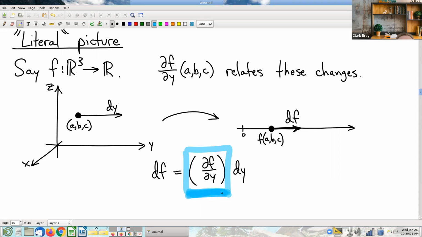The specific scenario is that X and Z are constants, and Y is changing. That's what this notation encodes: not just that Y is changing and F is changing, but also that X and Z are constants.